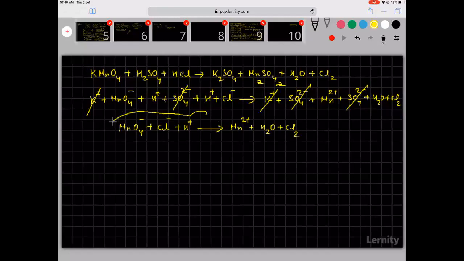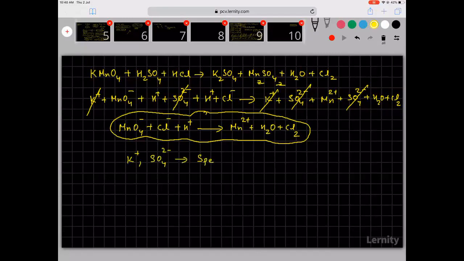What are the species we have removed? We have removed K plus, SO4 2 minus. So these are the only species we have removed. These are called the spectator ions. Spectator ions refer to those ions which do not undergo any change as the reaction proceeds. They remain the same way on the left side and on the right side.